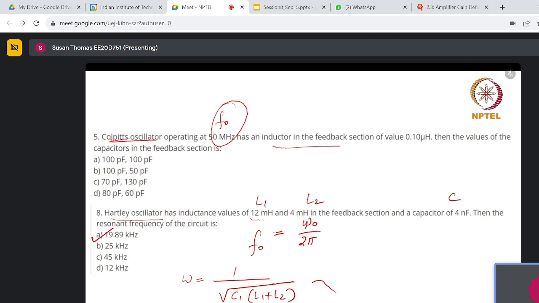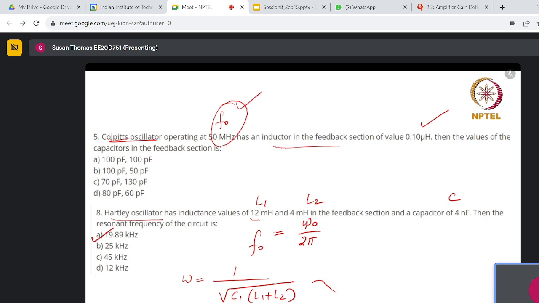You are given the resonant frequency and also one inductor value. What should be those two capacitors? If you know the equivalent capacitance, then from the equivalent capacitance you should be able to say what should be the individual capacitors. Can you give it a try?